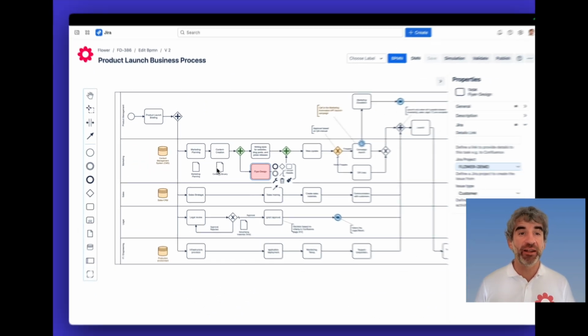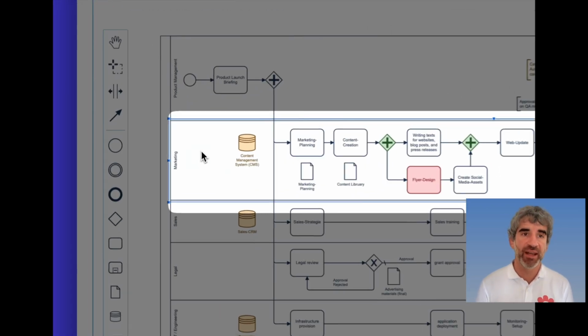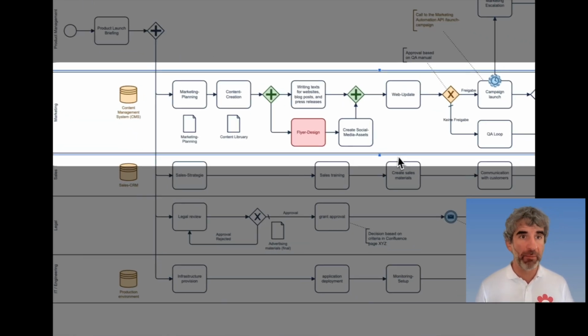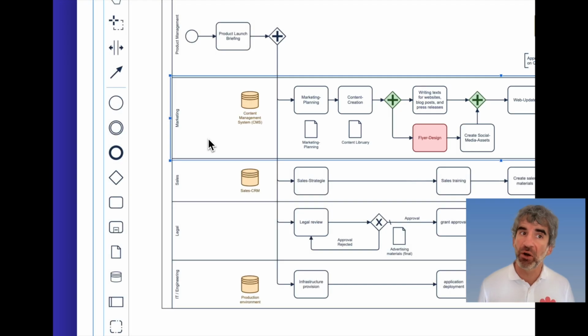Activities define what needs to be done, how these activities are arranged in the process, whether sequential or parallel, defines when things happen. And the who is handled by swimlanes. In our example, the flyer design activity sits on the marketing swimlane.